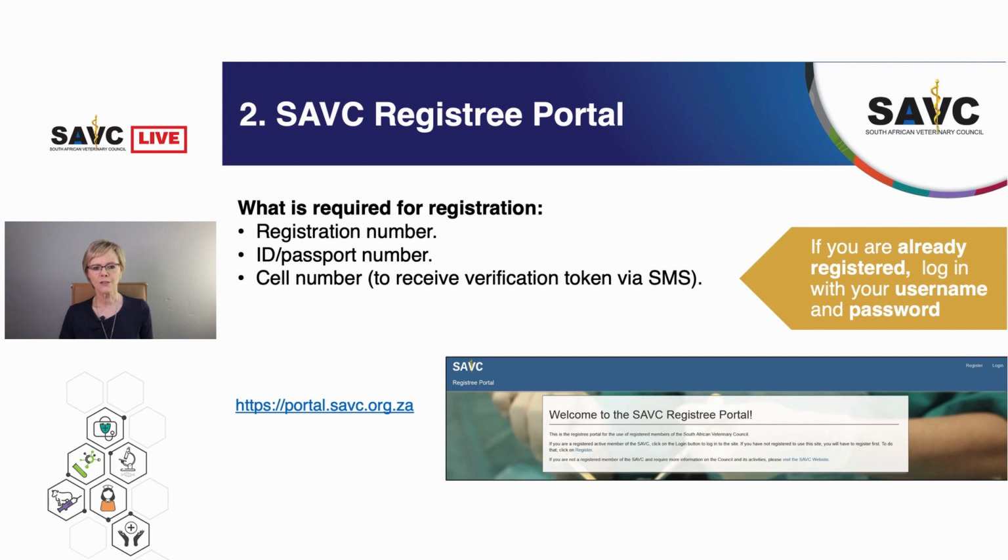The main challenge for registering or requesting a password change in the Registry portal is when we don't have your latest cell phone number on the database, and this means that you will not receive your verification token via SMS. When you experience problems, send your latest contact details and your ID or passport number to the registration section.